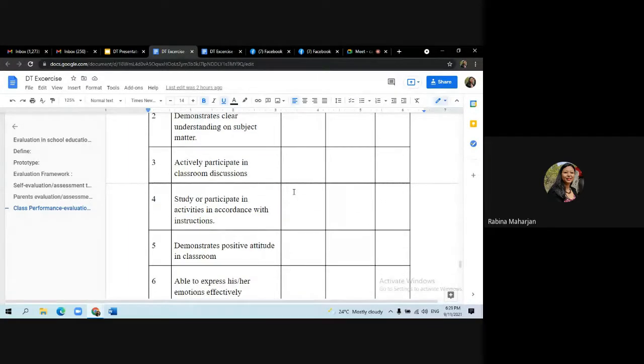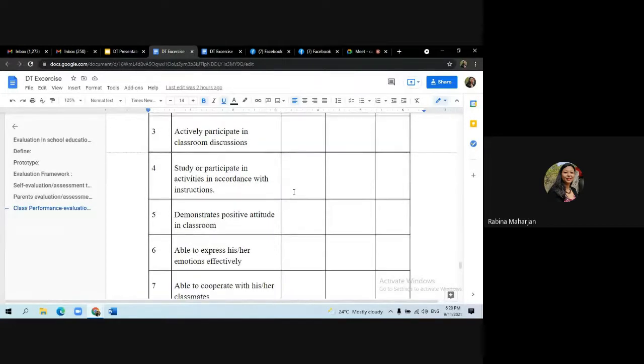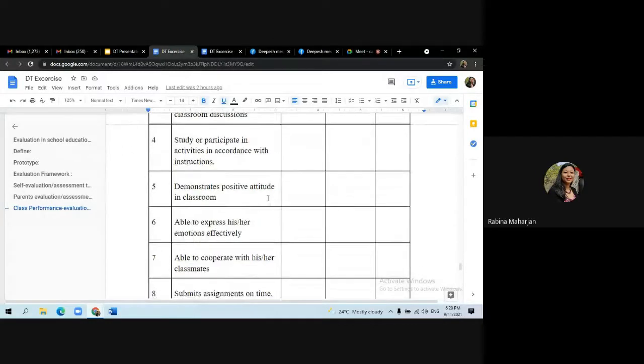Active participation is another big aspect of class performance, so we have considered this also. And studying or participating in activities in accordance with instruction: whether the students follow the instructions given by the teacher, or do whatever they want. This is another aspect.